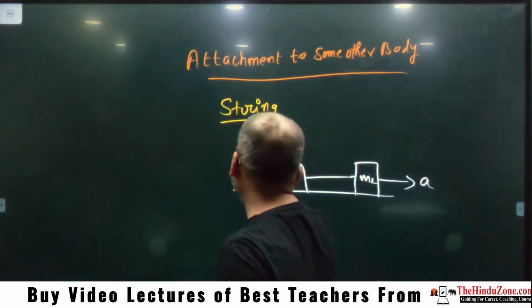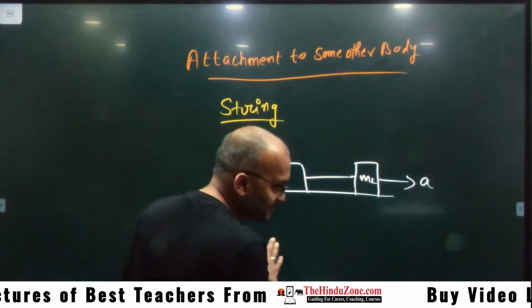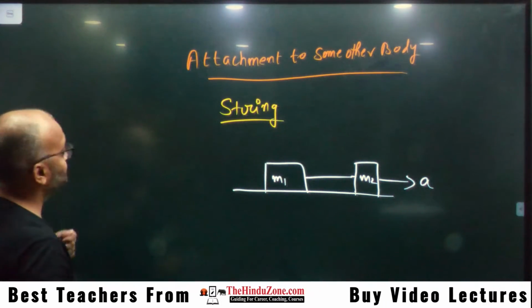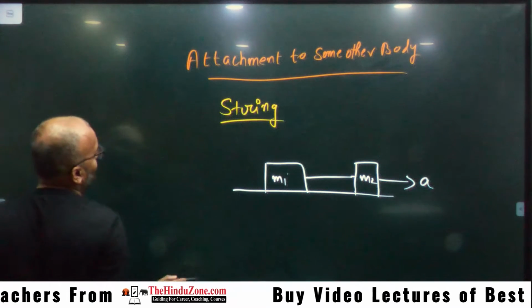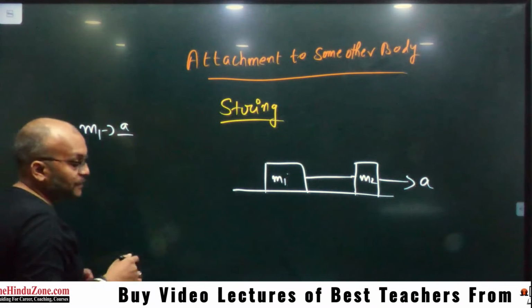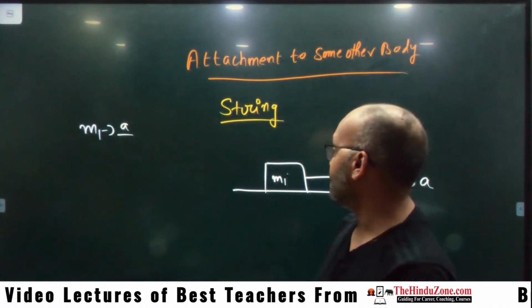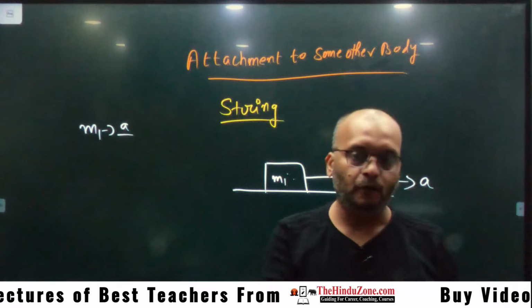Okay. At A. Good. Sir, A. Yeah. Okay. Good. See, acceleration on M1 will be A. But when will it be A? When will the acceleration on M1 be A? So write down.